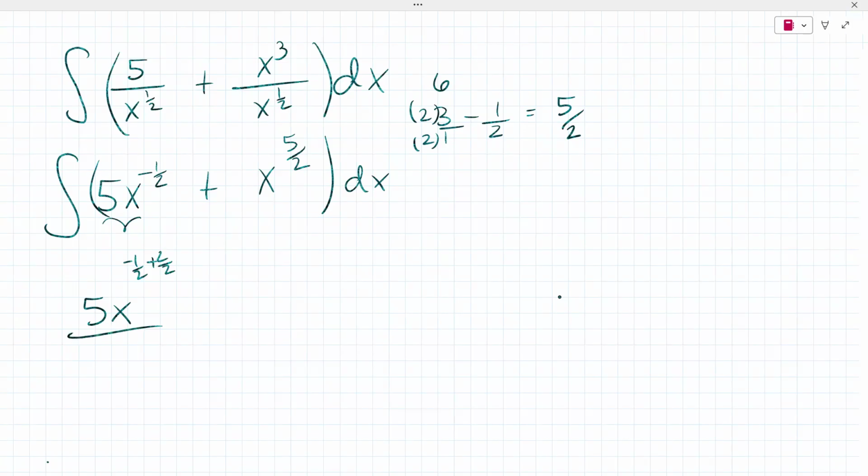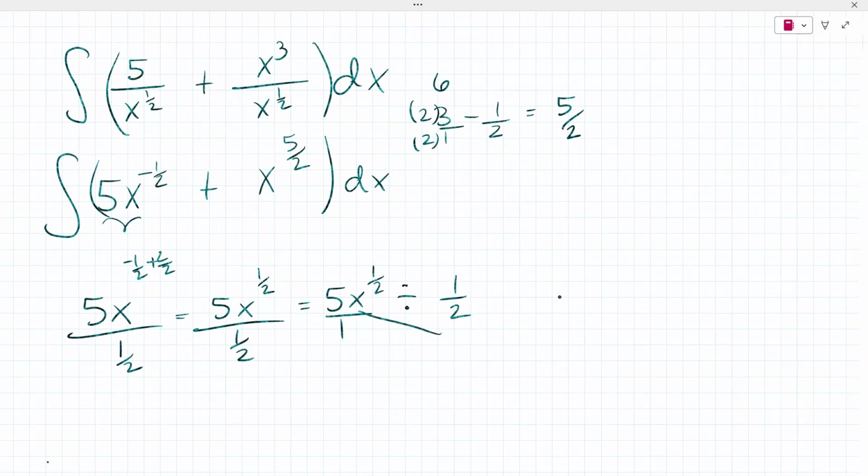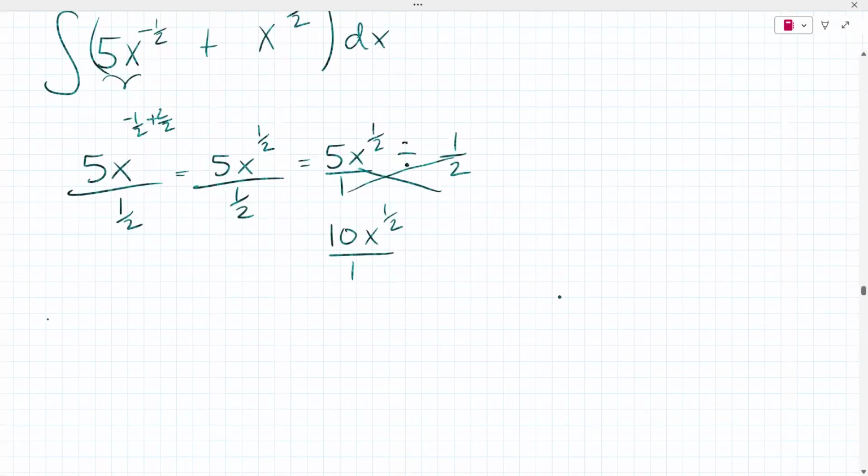So -1/2 plus 2 over 2 is 1/2, so 5x to the 1/2 divided by 1 over 2. And then this is going to be cross multiplied, so 5x to the 1/2 times 2 is 10x to the 1/2, and then 1 times 1 is 1. So that's going to be 10x to the 1/2.